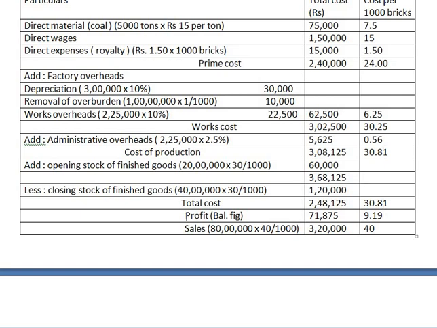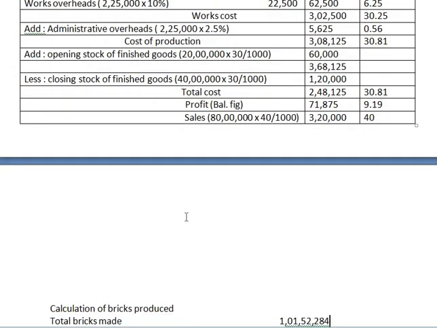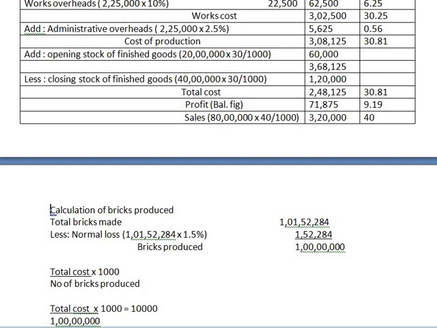Okay. So hope this problem is clear to you all. As they have told us, we need to calculate per thousand bricks. So I have shown you the calculation also. This is your first note, and this you can show as your second note. This is not there for calculation, just for your understanding.